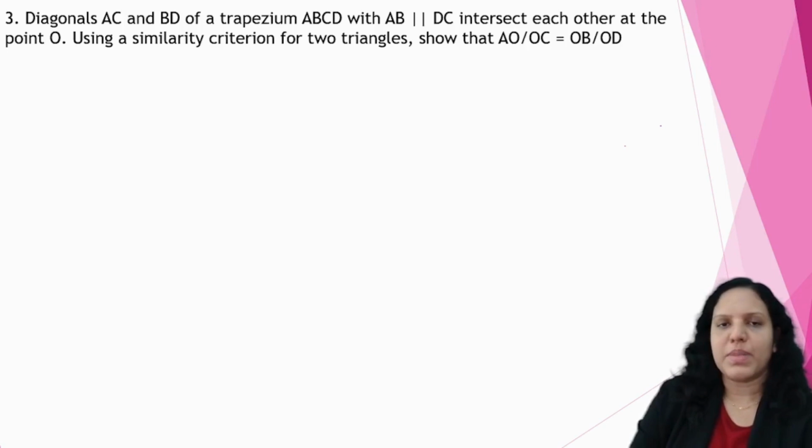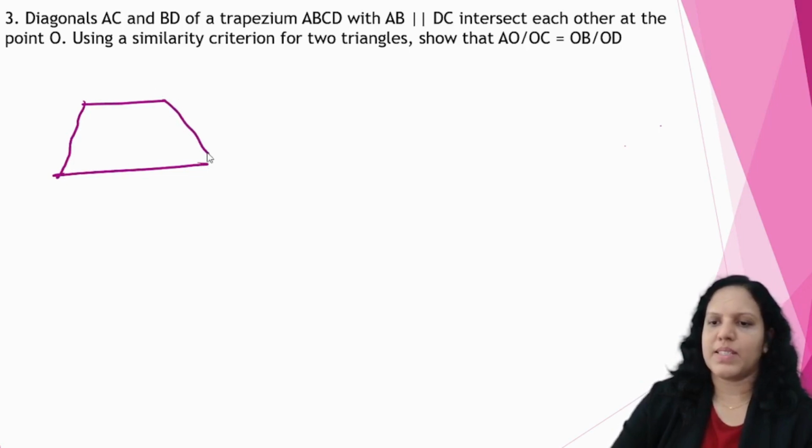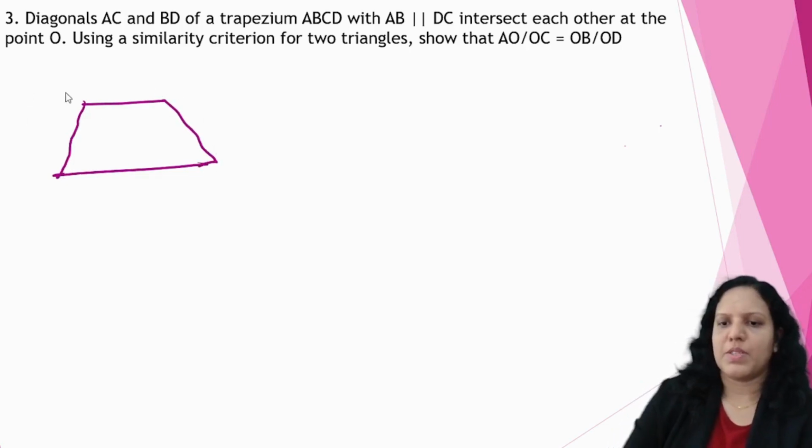Let's draw a trapezium ABCD. In a trapezium, one pair of opposite sides is parallel. So let's join ABCD. ABCD is a trapezium. So that is A, B, C and D. And given AB is parallel to DC.